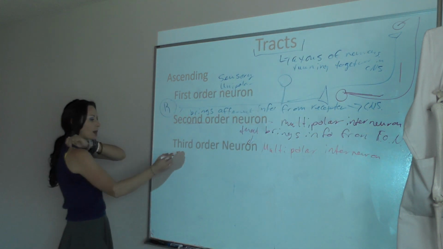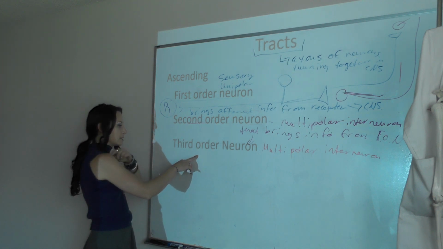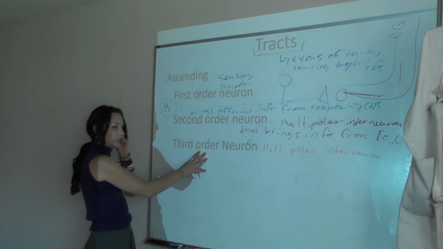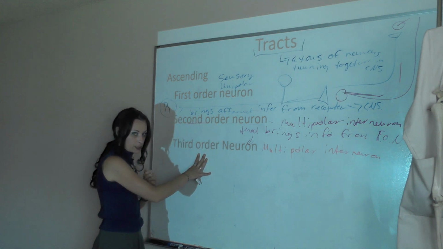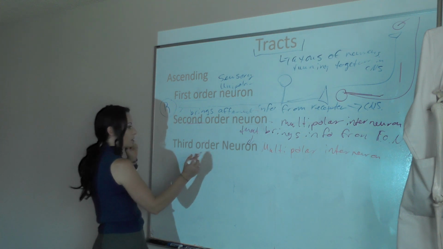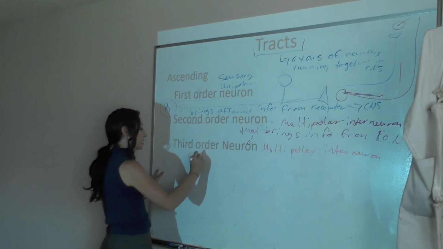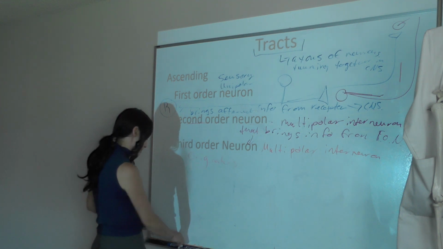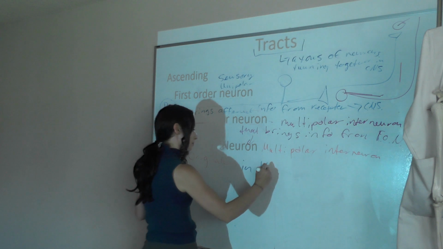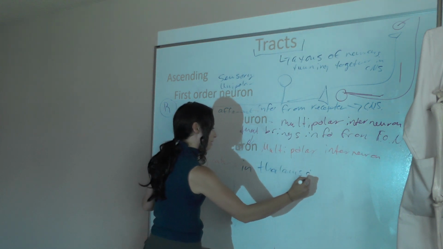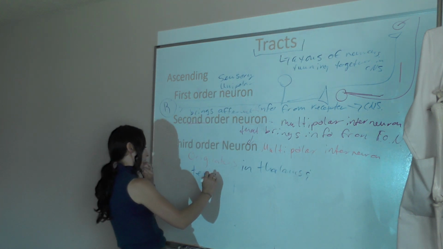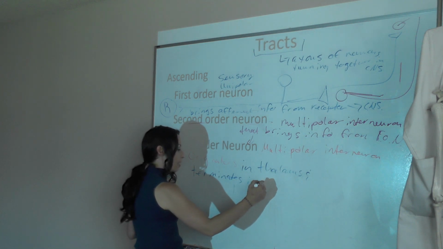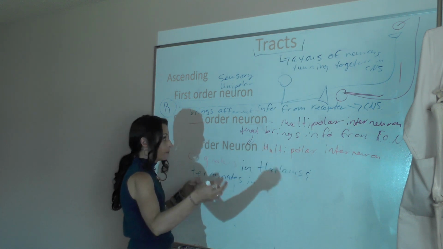And its soma is in the thalamus, and its axon terminal, in the case of our general sensory information, is in the primary somatosensory cortex of the parietal lobe. So we'll say it originates in the thalamus and terminates in the primary sensory cortex, for whatever sense we're talking about.